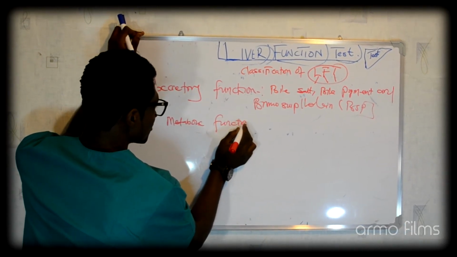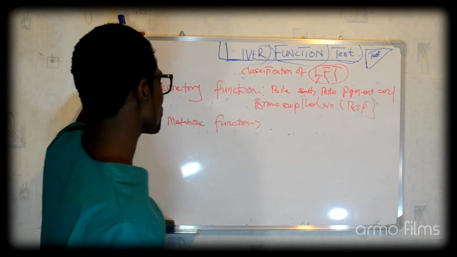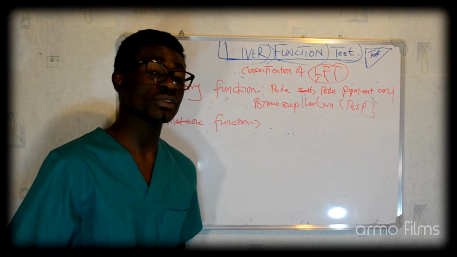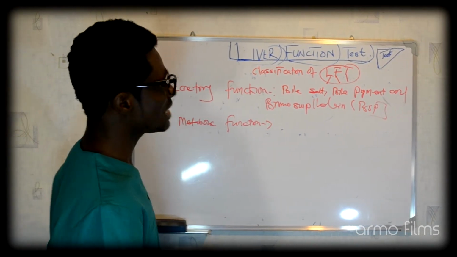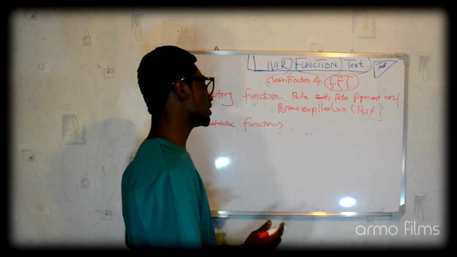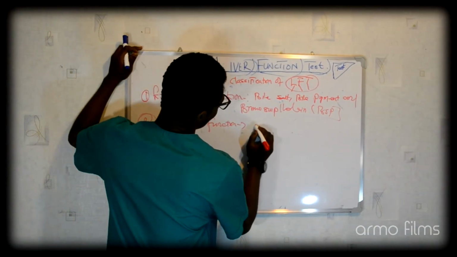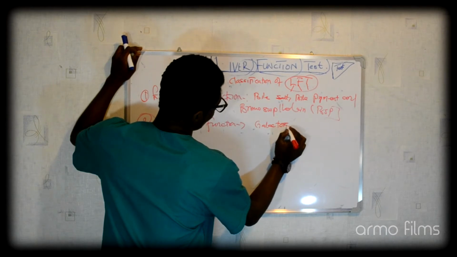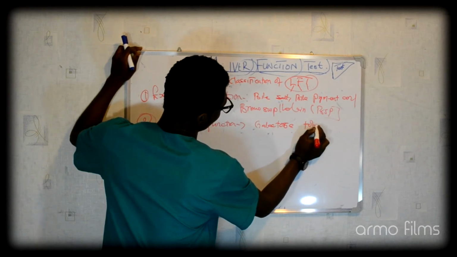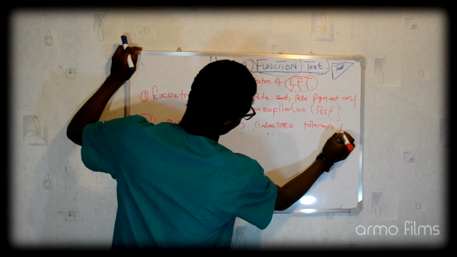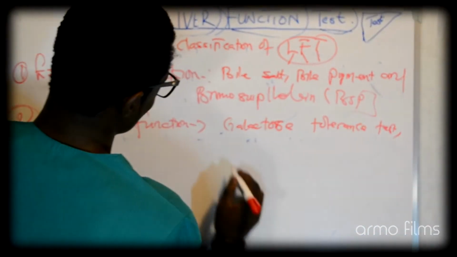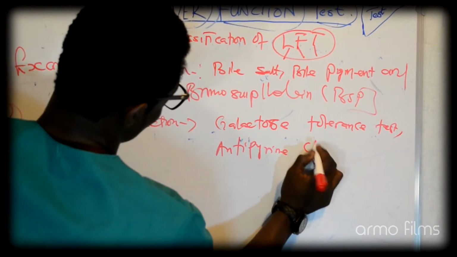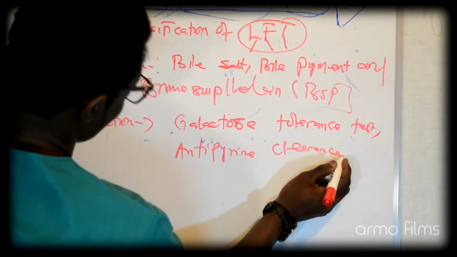In this metabolic function, you determine the ability of the liver to carry out its metabolic function, which includes galactose tolerance tests, and also antipyrine clearance. I know you know that.